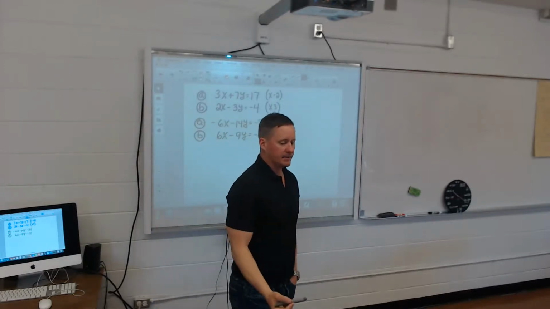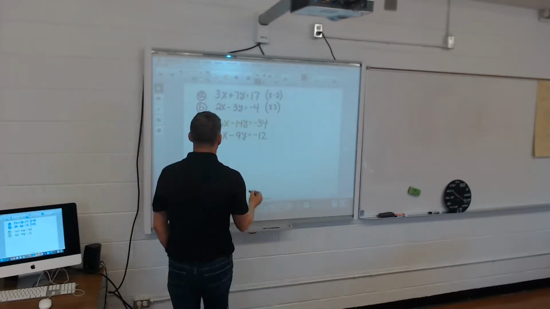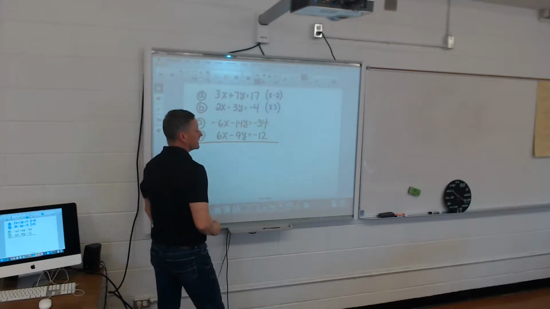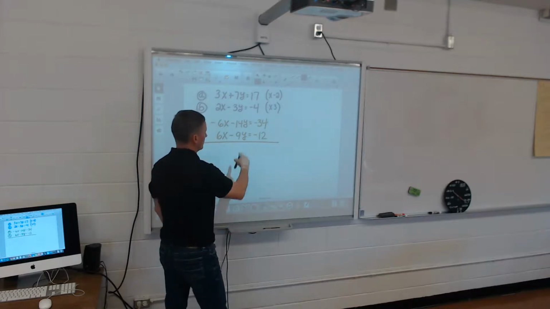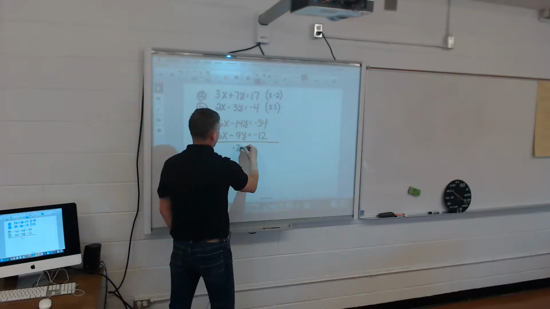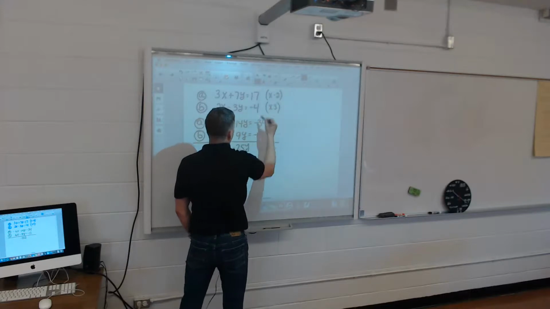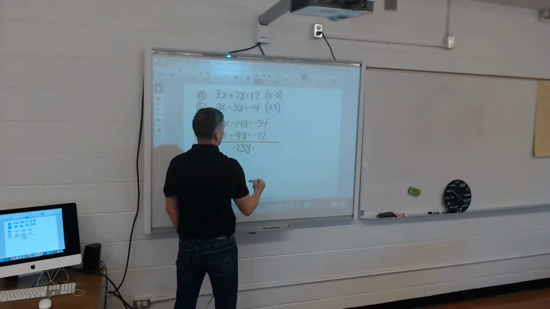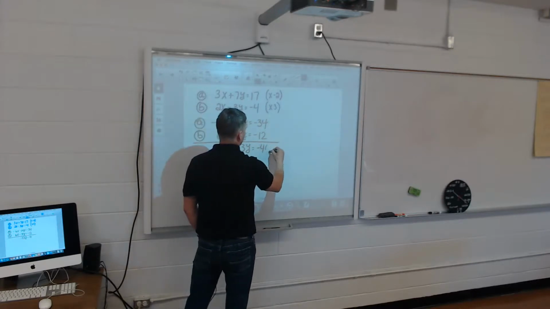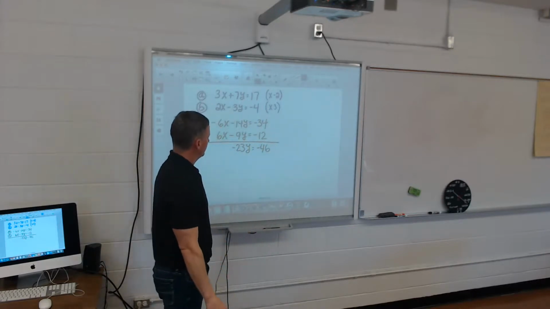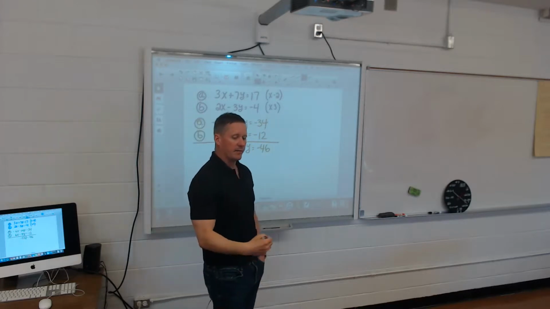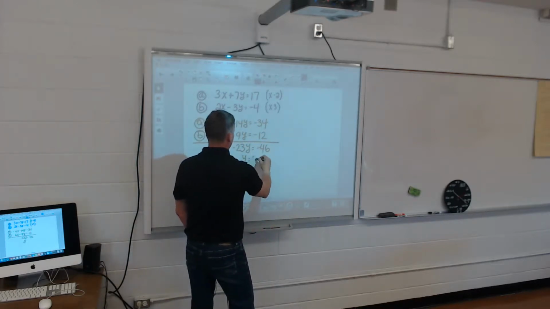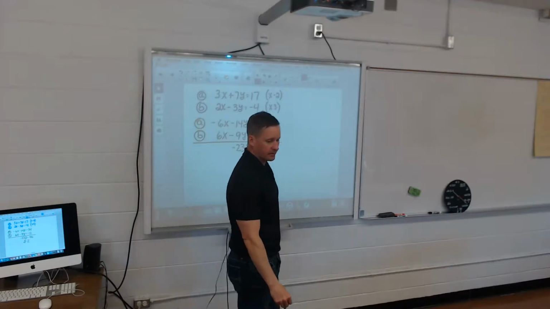Now, I add them together. Minus 6x and 6x equals 0. This is minus 23y. And this is minus 46. So now that I've added them together, I got rid of my x's. Now I'm left with just a y. Y equals 2.